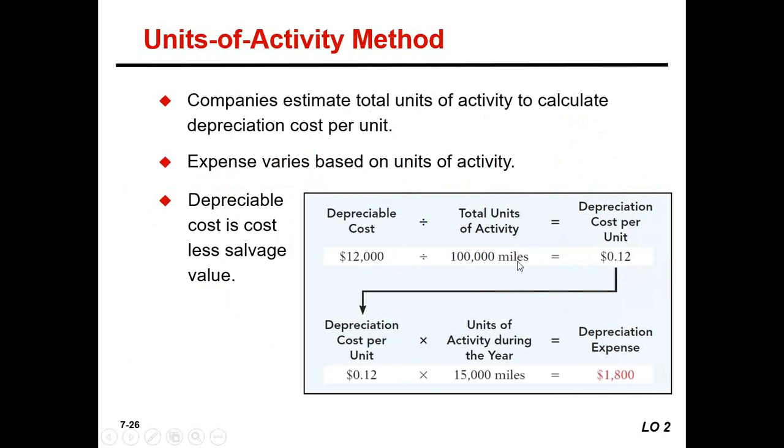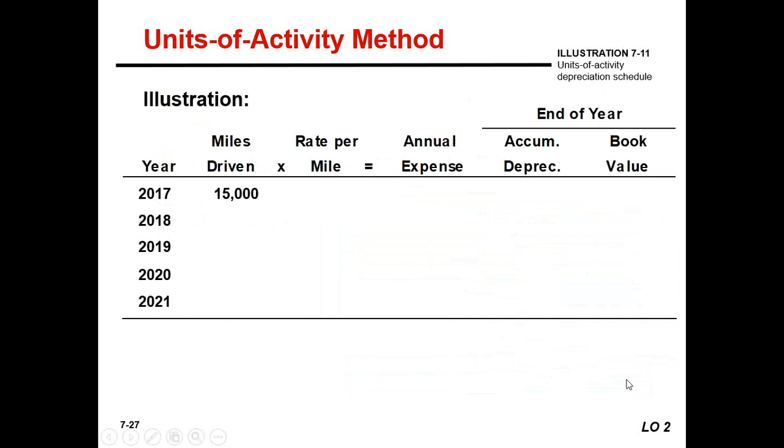Here's an example. How do we calculate? Well, with this truck that we have, we assumed it would get 100,000 miles before we had to replace it. Divide your depreciable cost by the units to get a per unit amount. And then each year we would multiply that per unit amount by the activity for the year to get our depreciation. So here's that example.